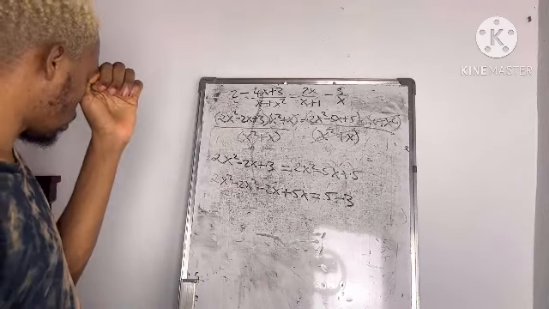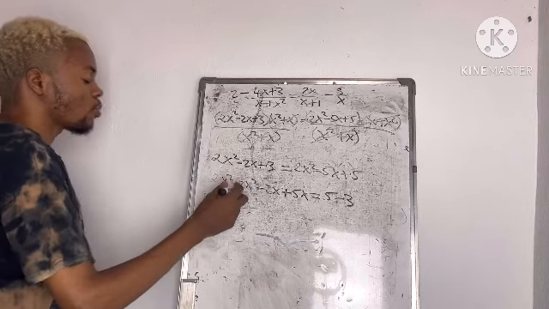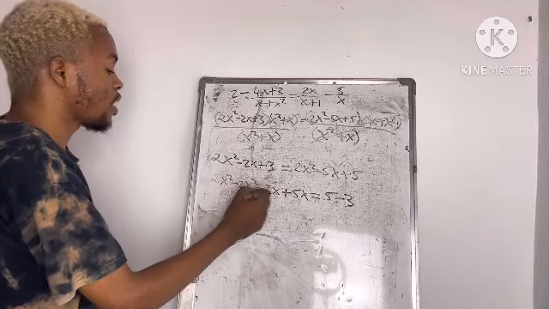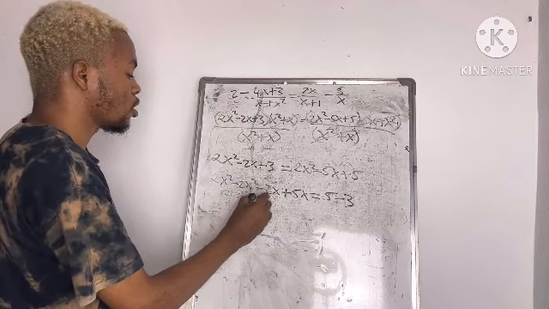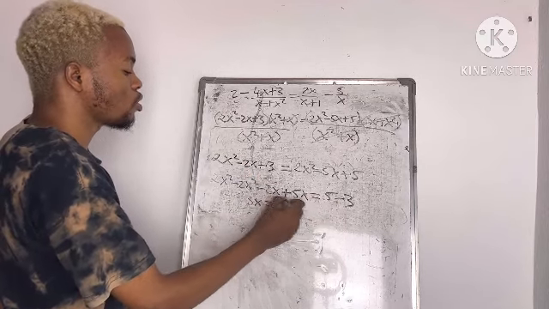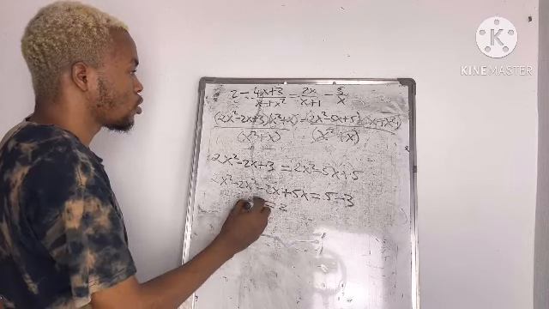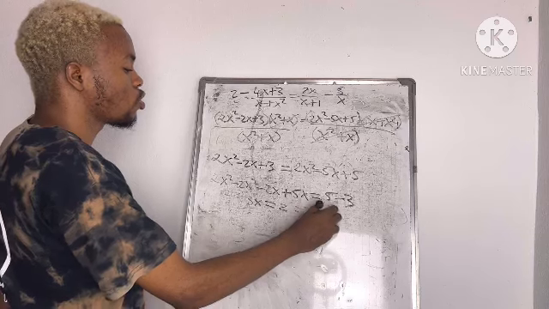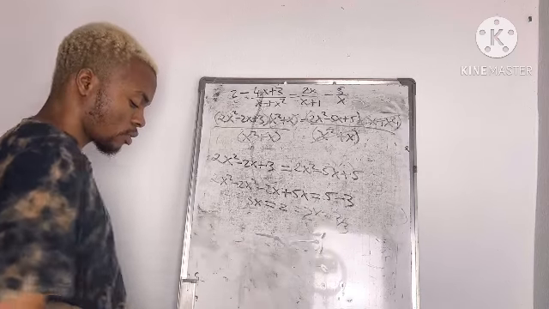So from here 2x squared minus 2x squared cancels out, and minus 2x plus 5x, you have 3x, which is equal to 5 minus 3, which is 2. So from here you then say x will be equal to 2/3.